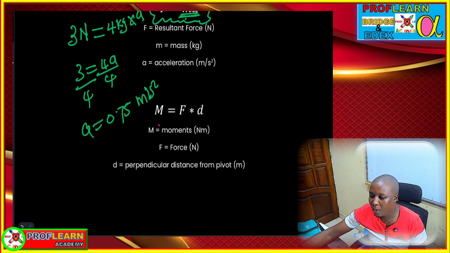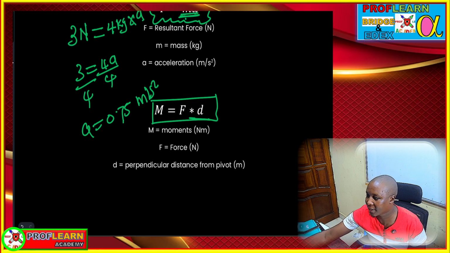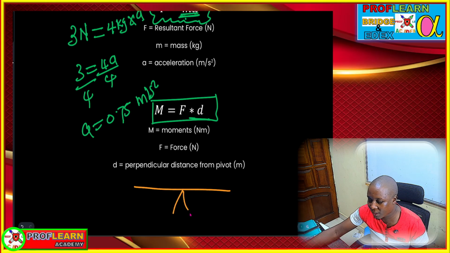A moment of force is force times perpendicular distance. What you need to remember is that if you are given a system and this is the pivot, and there is a force acting at this point, let's say 2 newtons, and another force acting here, x, then for us to work that out, we need to know the perpendicular distance from the pivot to where the force is acting.